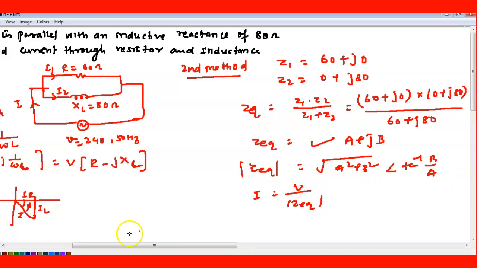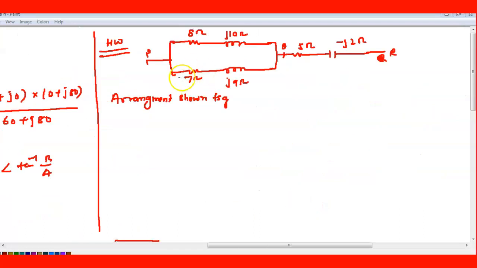Any doubt in this? This question you do as homework. Okay, arrangement shown in figure. Calculate the impedance across PQ.